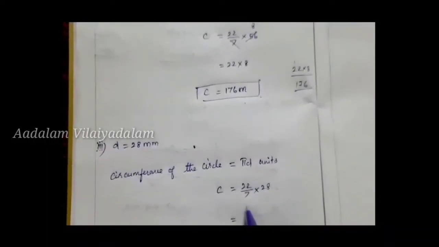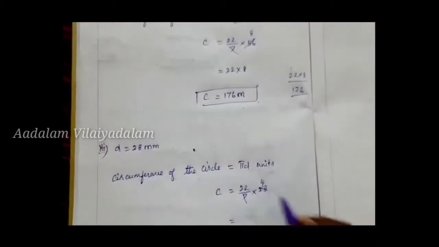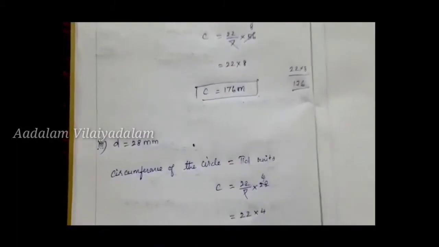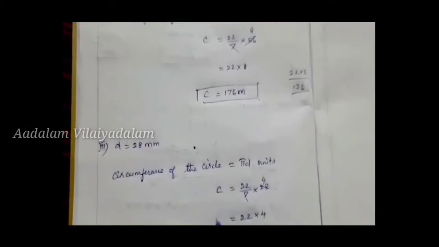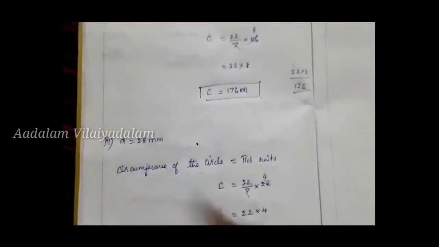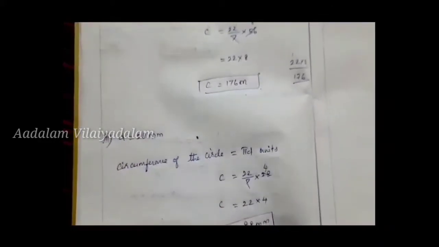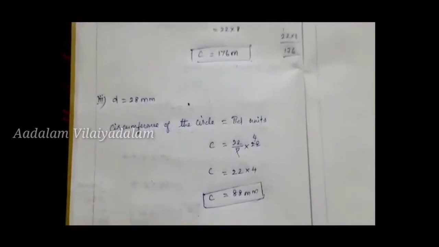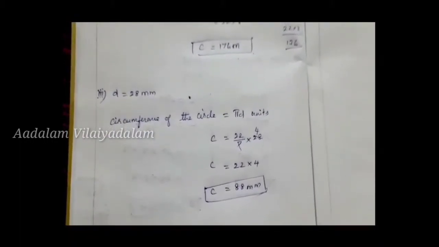Then if we cancel it by 7 table, we get 7 fours are 28. Then product of 22 into 4, we get 88, but the unit is millimeter. So we must write it at the end of this answer. So therefore C equal to 88 millimeter.